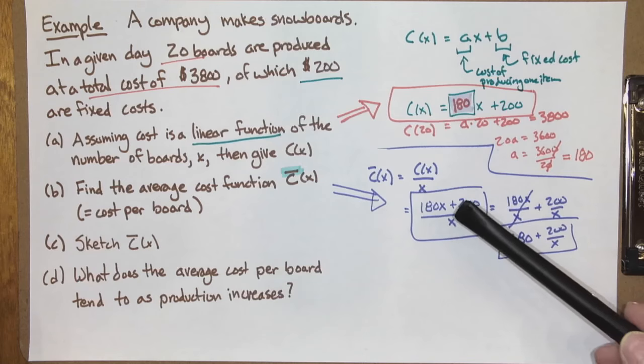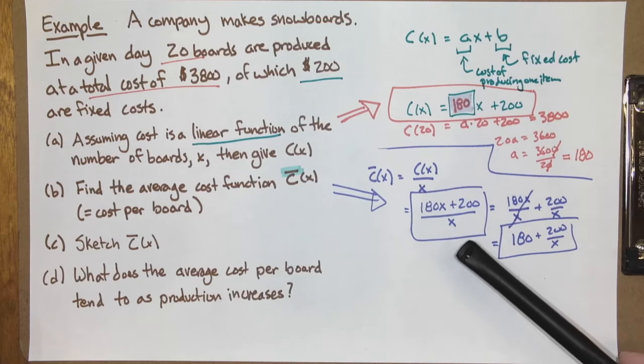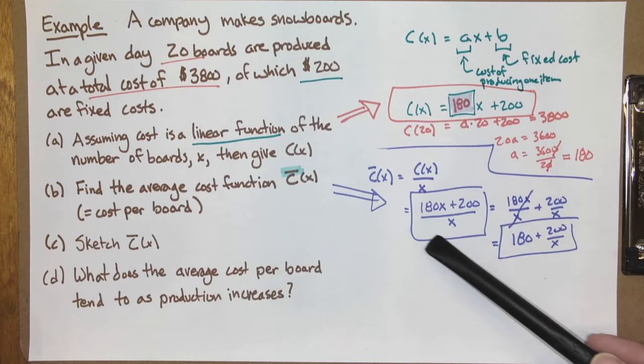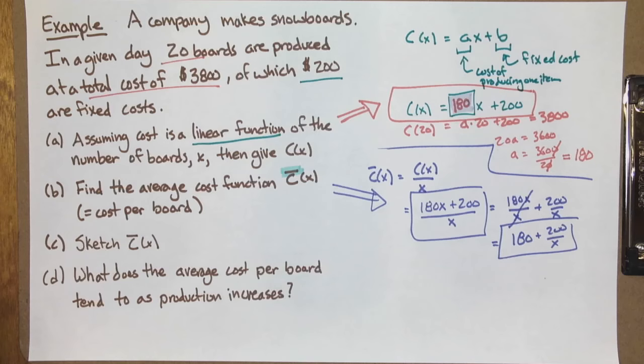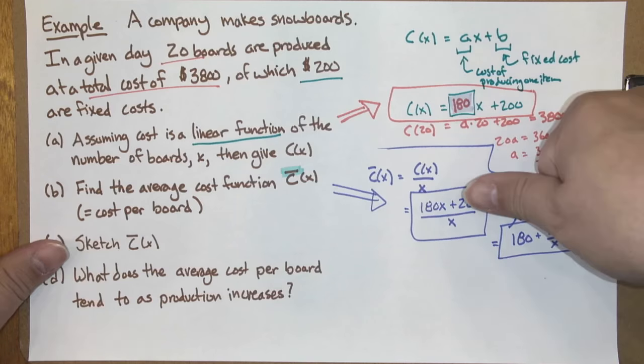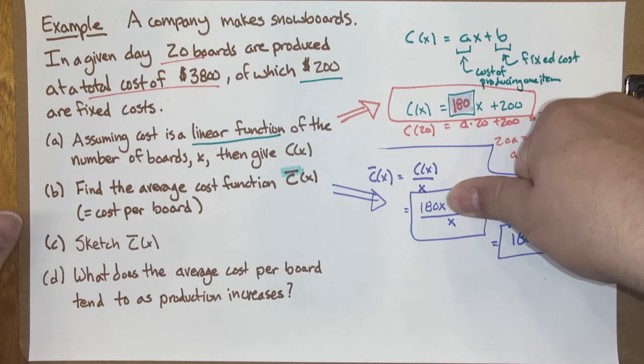So how do you look? You can do it in two ways. If we have it in this form, 180x plus 200 over x, we can say, well, for large values of x, ignore the small stuff. What's the small stuff? Anything that's not attached to the largest power of x. So for large values of x, it really looks like 180x over x, also known as 180.